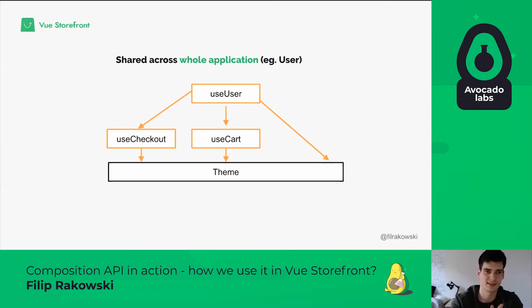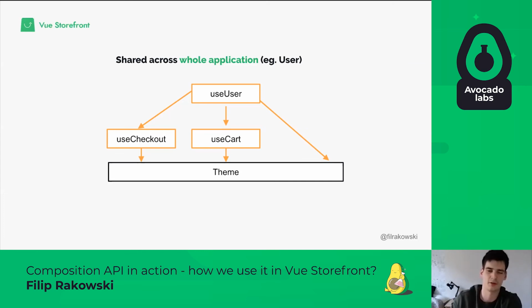Also, for the state that is shared across the whole application, we can approach it in two directions. The first one is basically using one compositional function in another, because it's called compositional function not without a reason. We are basically meant to compose specific functionalities from another.